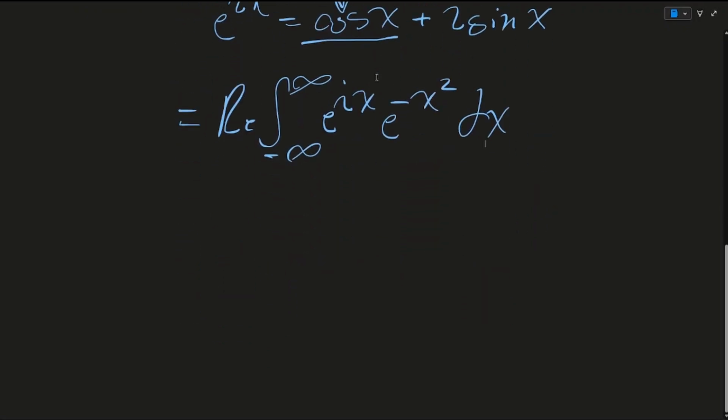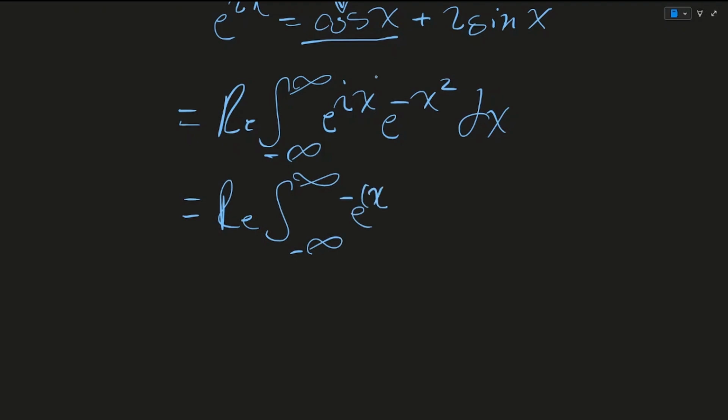And now we can combine these two and perform some completing the square. So actually I'm going to combine these two and then factor out a negative. That gives us the integral from negative infinity to infinity of e to the negative x squared minus ix with respect to x.